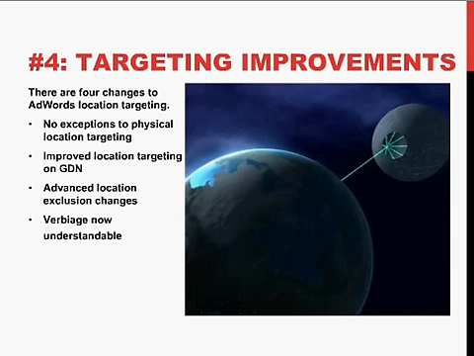Another thing that they changed, the third one, is advanced location exclusions. The previous default was exclude by physical location only. The way this would work is that let's just say you're an AdWords advertiser and you don't want to show your ad to people in Sydney.